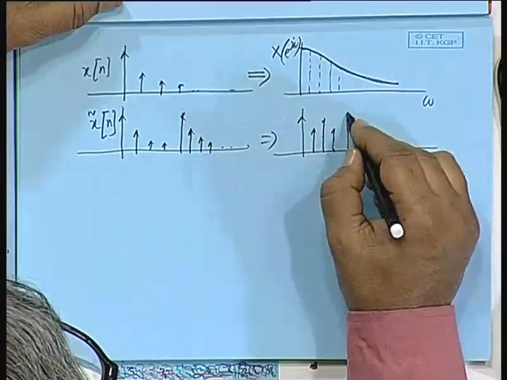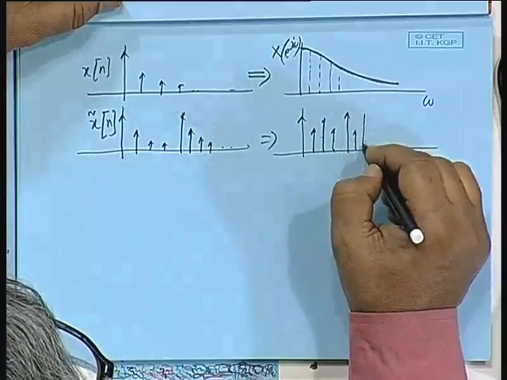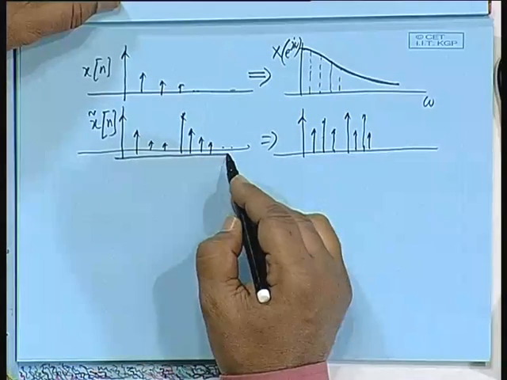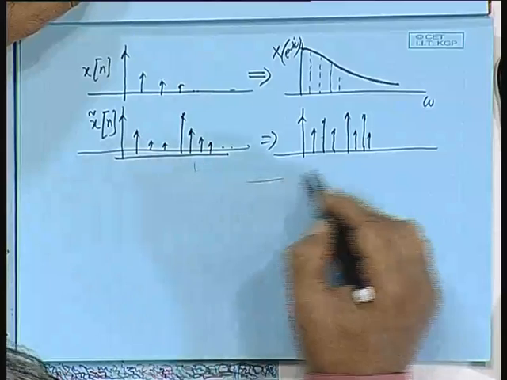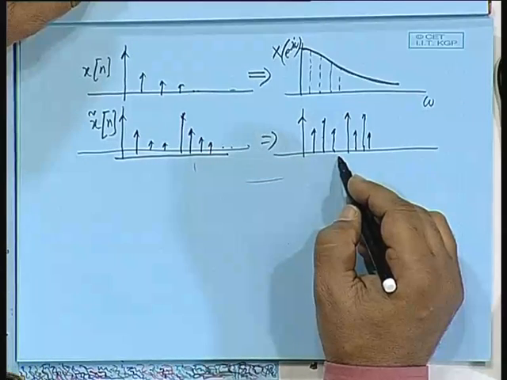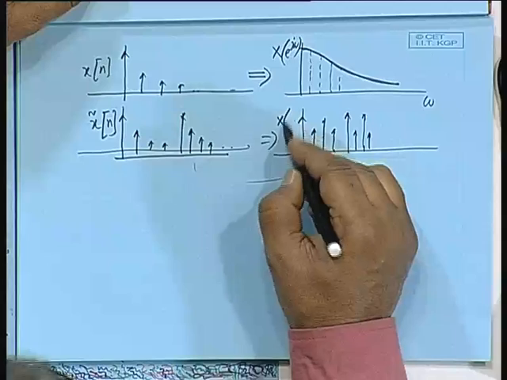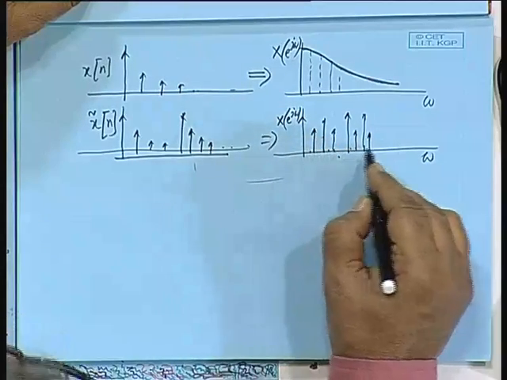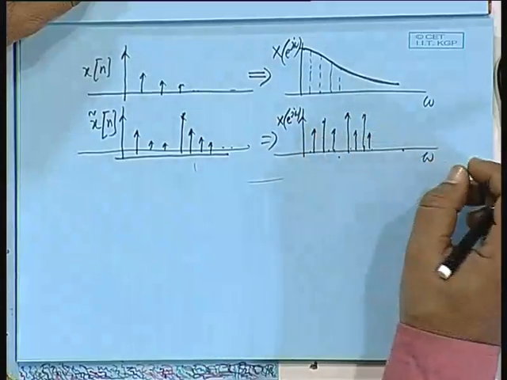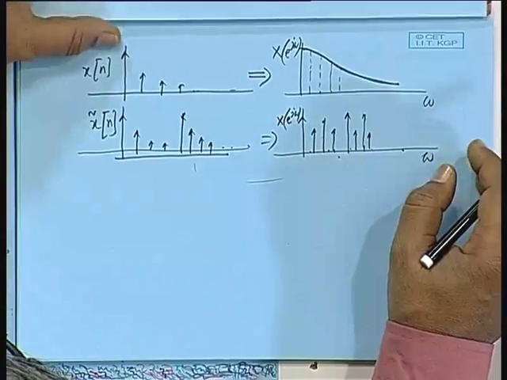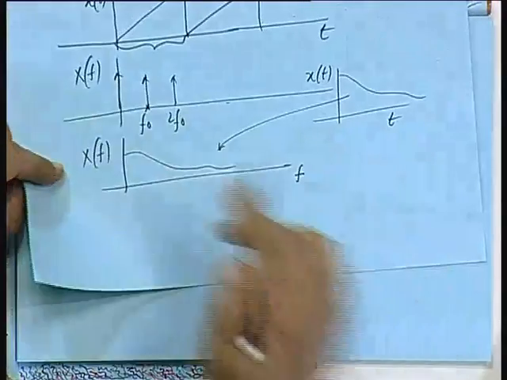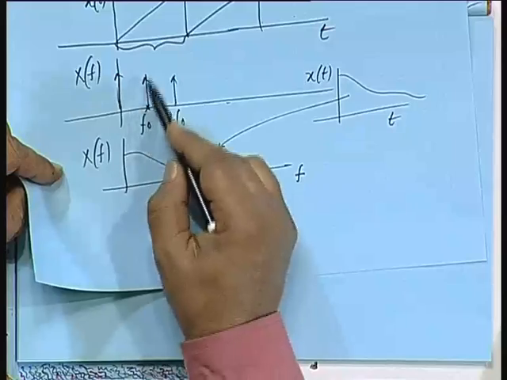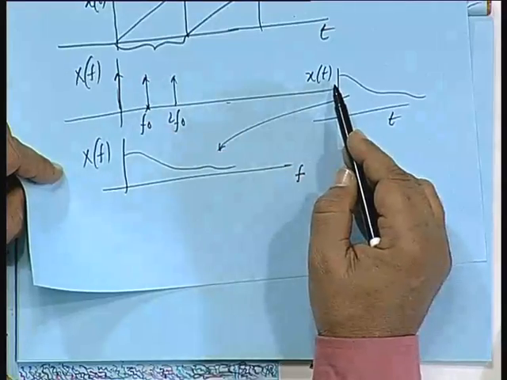Again repeating. So, this is a periodic function in the discrete domain. Corresponding Fourier series is called discrete Fourier series. In the frequency domain also, we will get only discrete frequencies and coming periodically. All right. Unlike normal Fourier series, in a normal Fourier series, because it is continuous, you have only the lines going up to infinity.